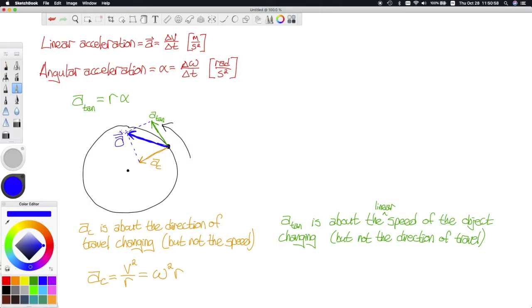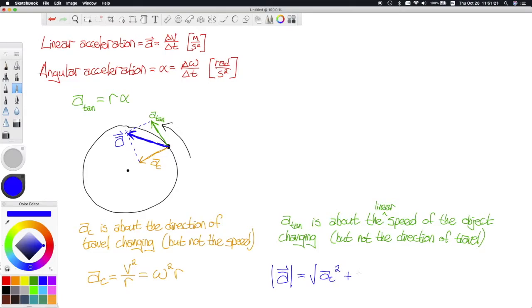And since that acceleration has both a centripetal component and a tangential component, its speed will be changing, and it will be traveling along a curved or circular path. And we could find the magnitude, then, of the acceleration the object is experiencing by basically combining our vector components here using the Pythagorean theorem.